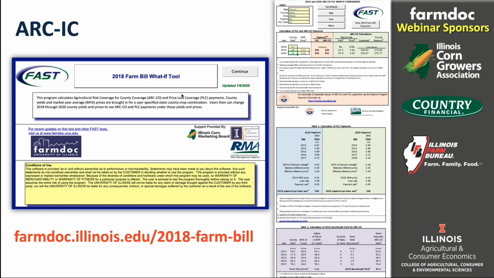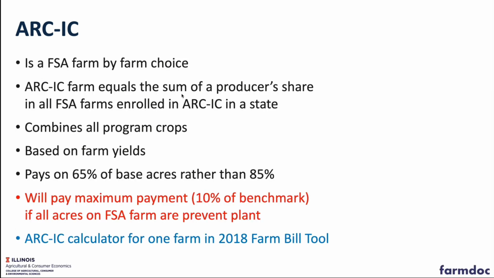So again, the key on ARC IC is something really drastic in 2019, like prevent plant across that field, something that's going to pull that down.